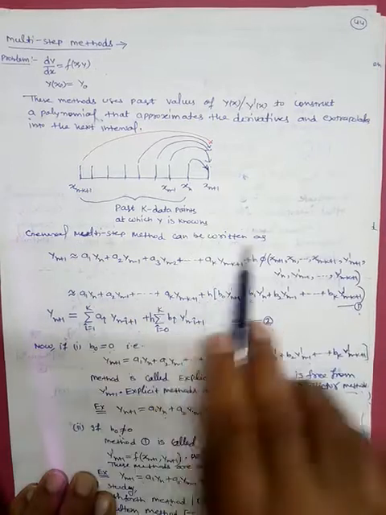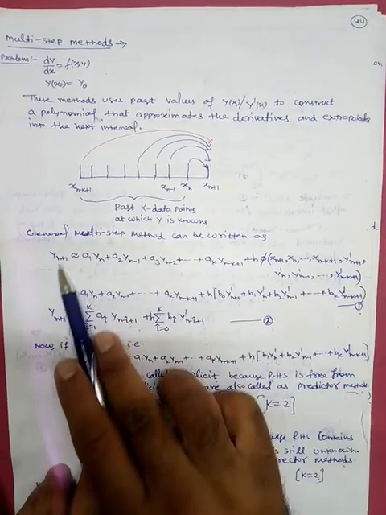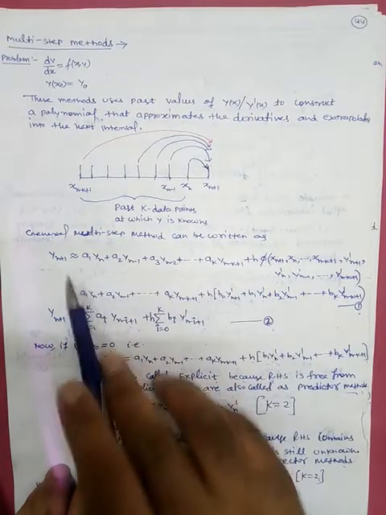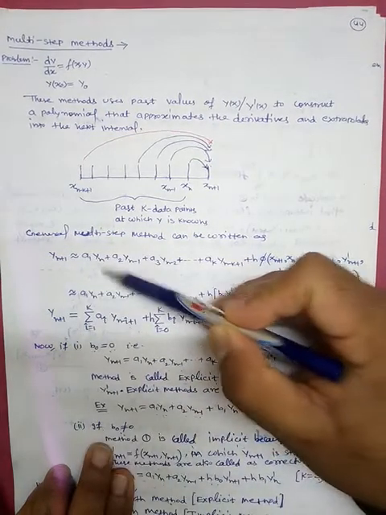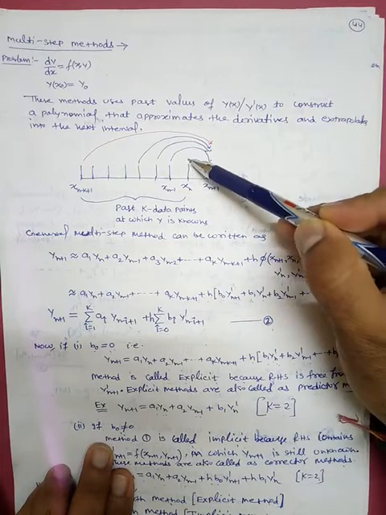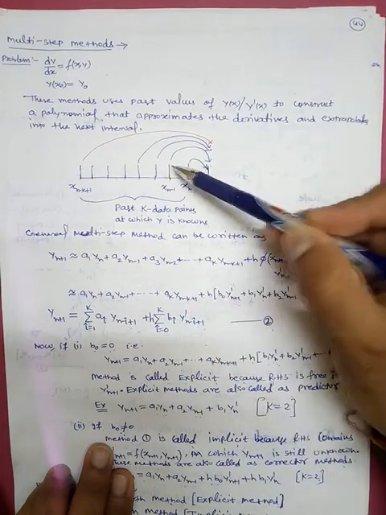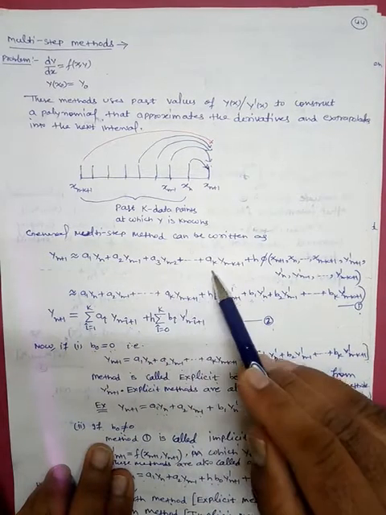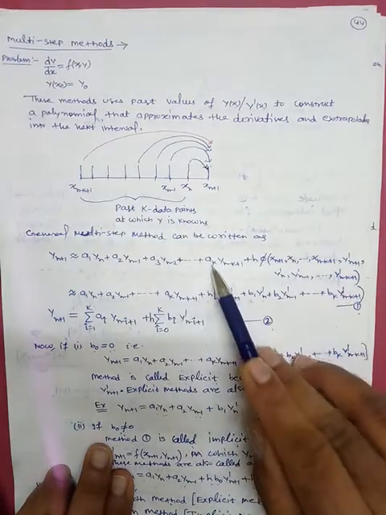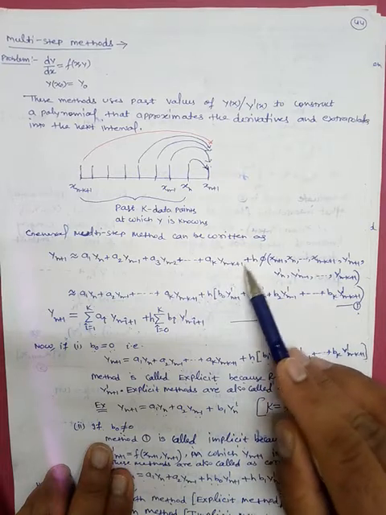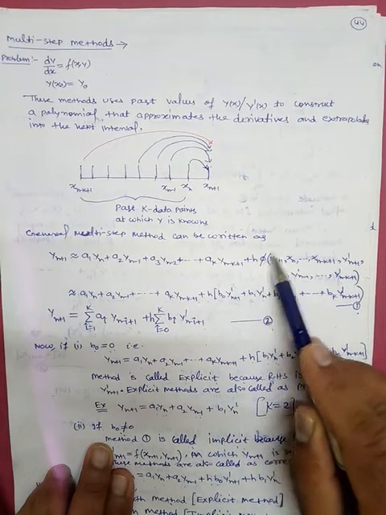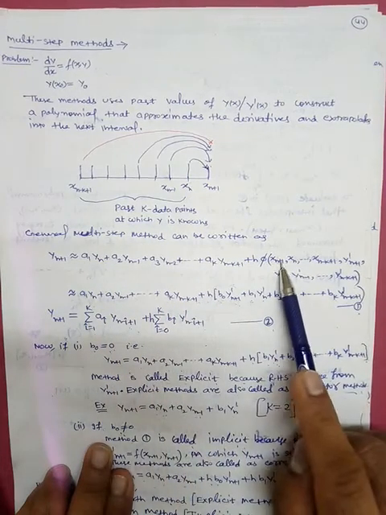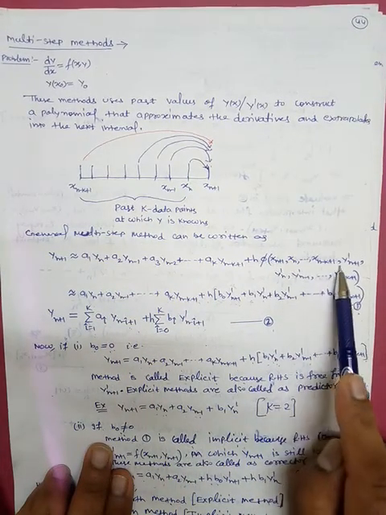So the multi-step method is basically a function. Our target is to predict y n plus 1, which is approximately equal to a1 y n, plus a2 y n minus 1, plus a3 y n minus 2 and so on, and the last one is a k y n minus k plus 1, plus h times some function phi of the independent variables x n plus 1, x n minus k plus 1.